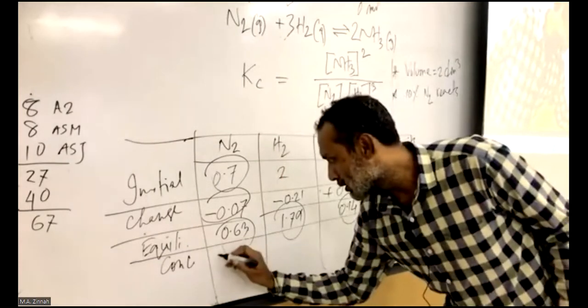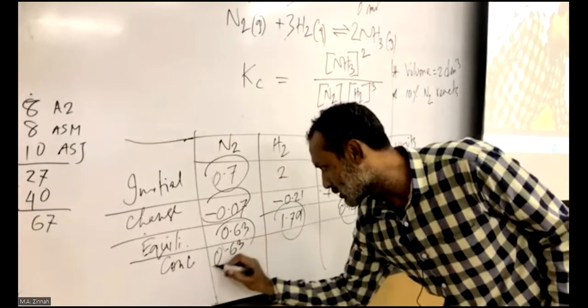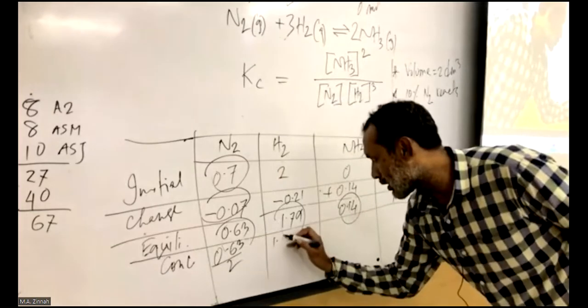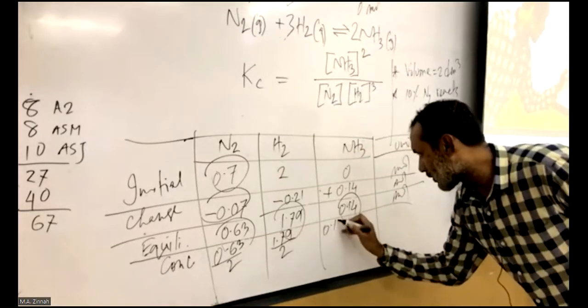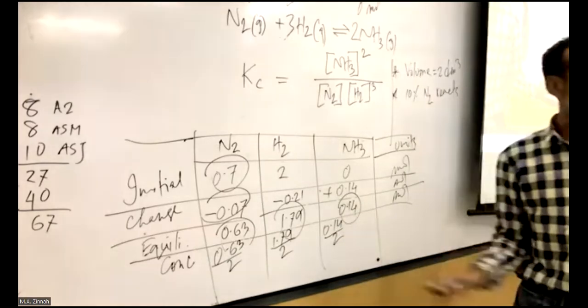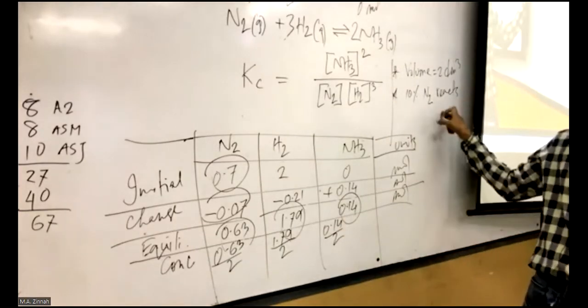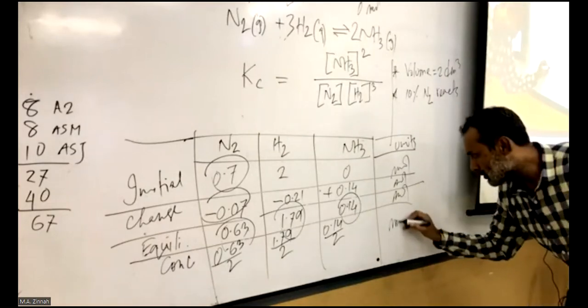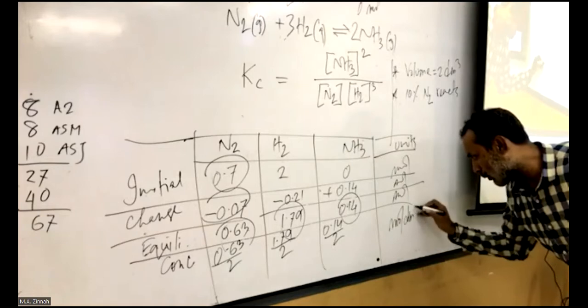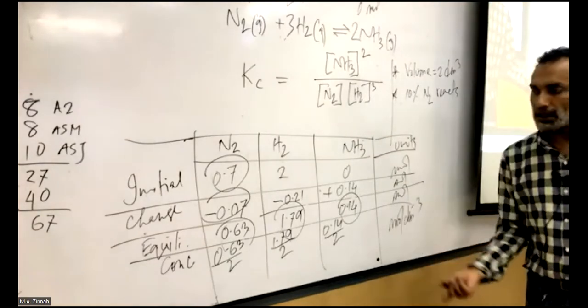How is that? 0.63 divided by 2. Here 1.79 divided by 2. 0.14 divided by 2. So I'm dividing all of them by 2, because 2 is the volume. This unit is mole per dm cube, because we are converting into concentration.